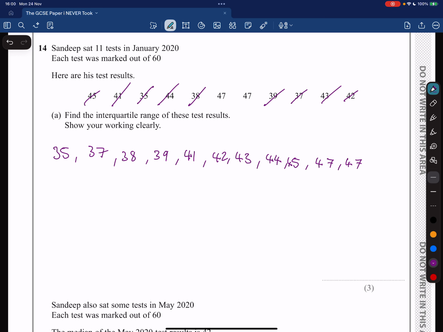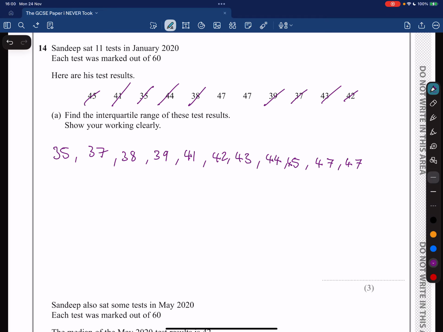The interquartile range for these results. Okay, I can't remember what interquartile range means, but I can make a guess. When in an exam, even if you have absolutely no idea what you're writing about, it's still better to write something than nothing.